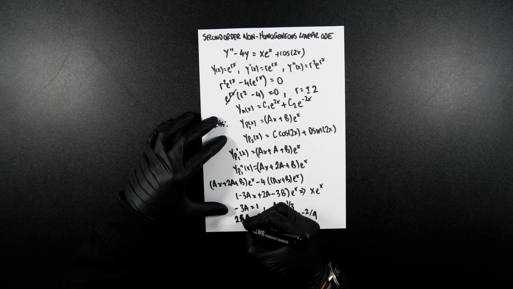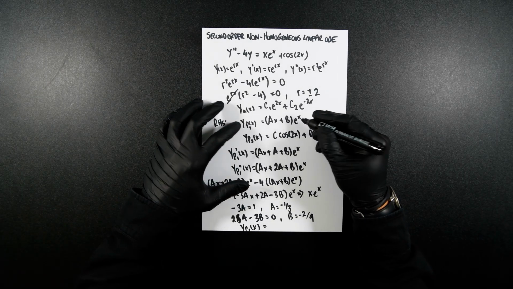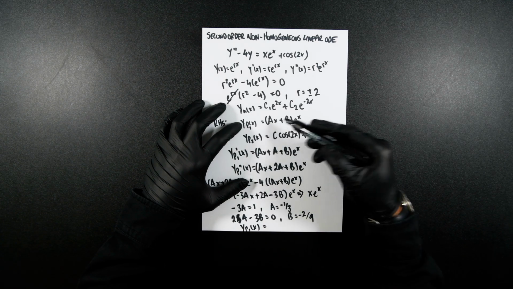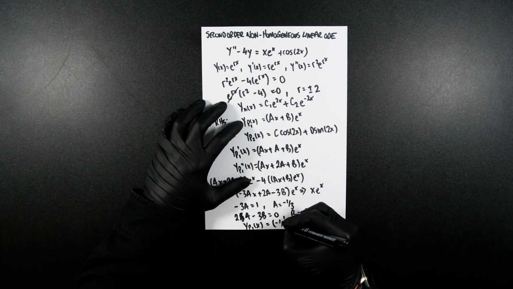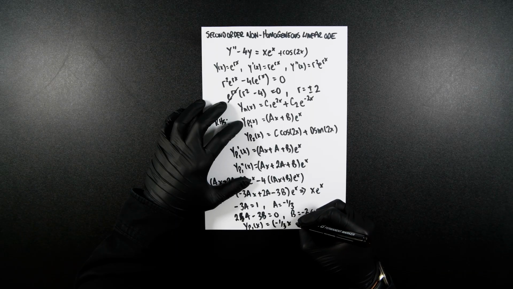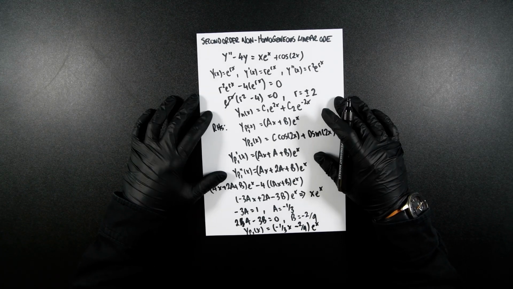Tiny little bit at the bottom there, but I think I can fit it in. y_p1(x) is here. We now know our a and b terms, so we can substitute those in: (minus a third x minus 2 over 9) e to the x. We're not done just yet.